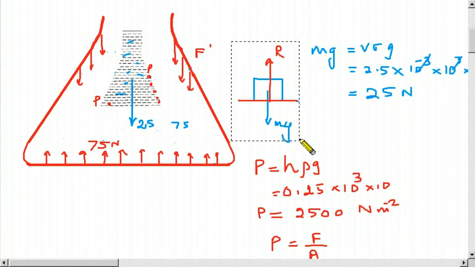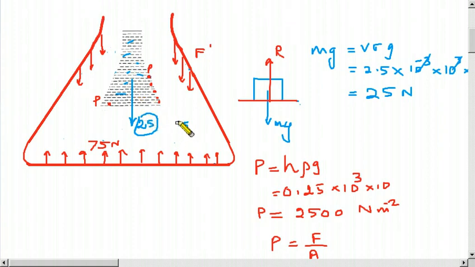So like that, the same way we consider the downwards force, that is only 25 Newton, blue color, 25 Newton. So that must be balanced by the glass.